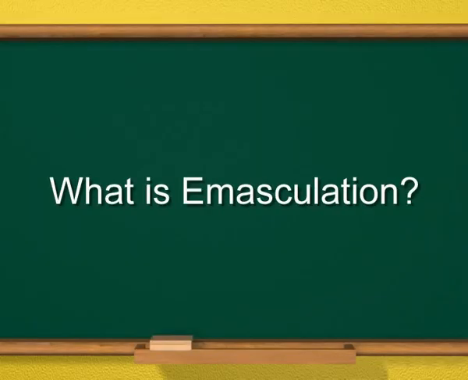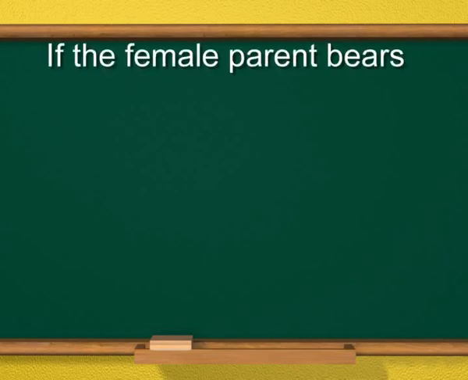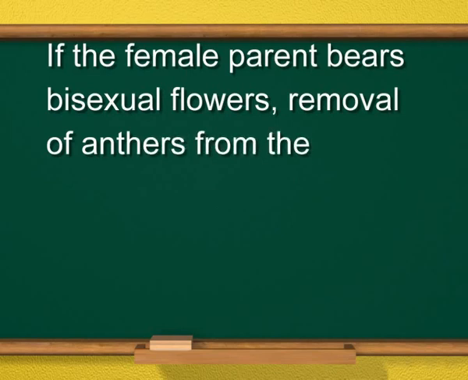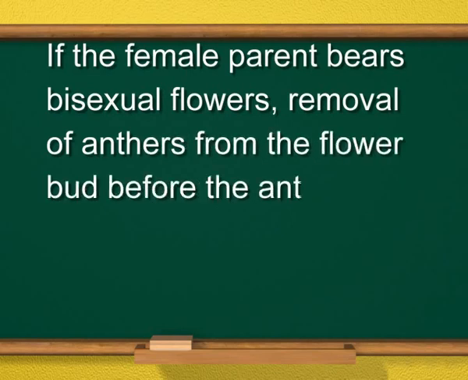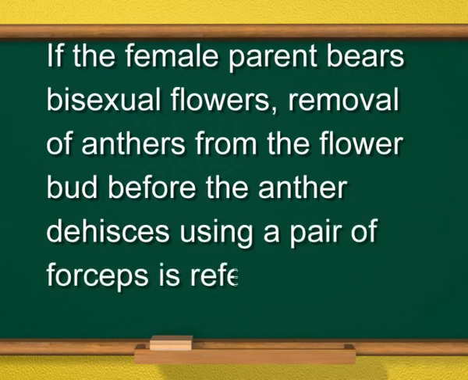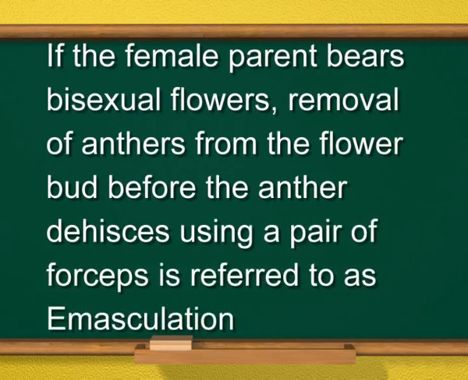First question is, what is emasculation? Answer: if the female parent bears bisexual flowers, removal of anthers from the flower bud before the anther dehisces using a pair of forceps is referred to as emasculation.